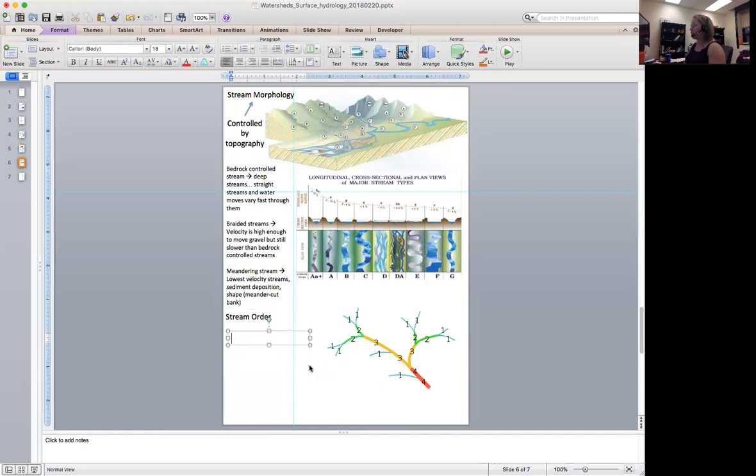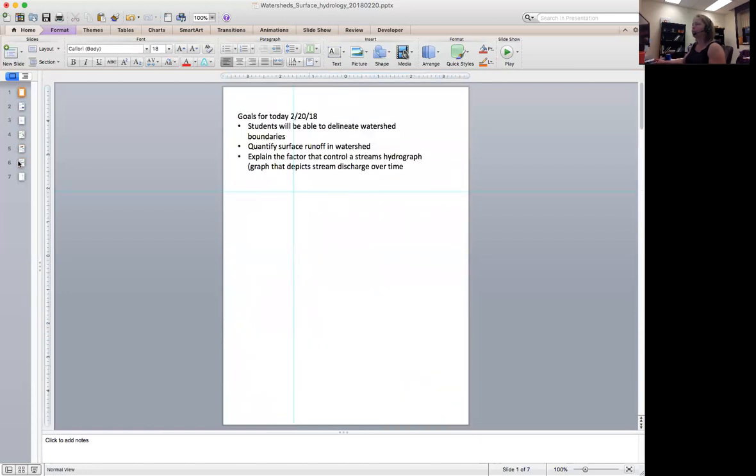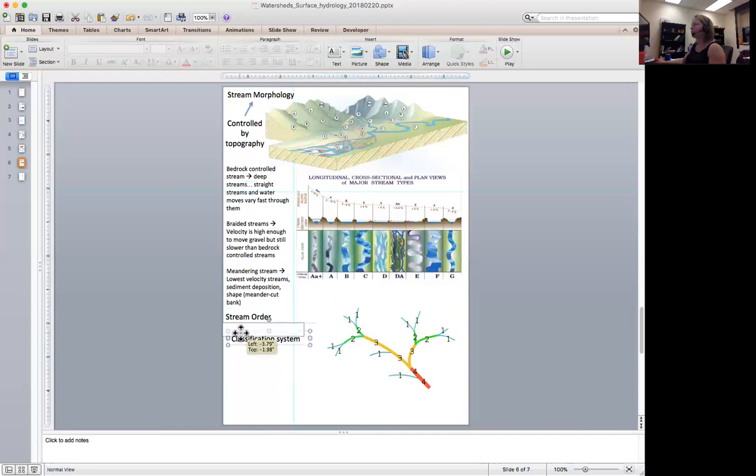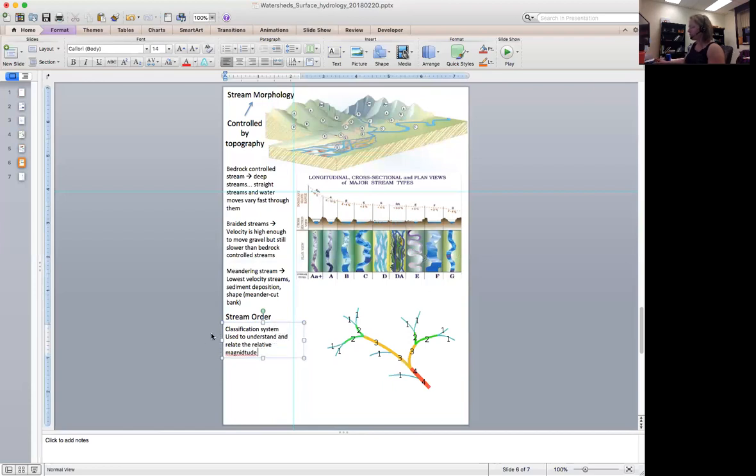So stream order is a classification system, and it's used to understand and relate the relative magnitude of streams for comparison. So pretty simple, right? Nothing too crazy.